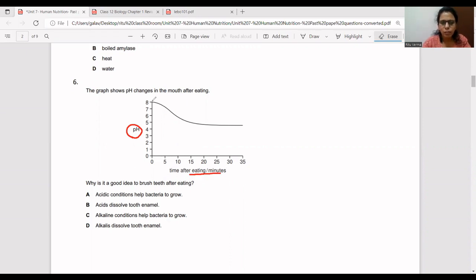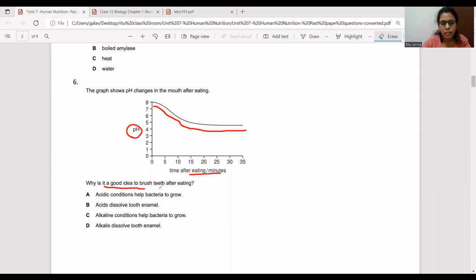It was alkaline before eating anything, because saliva is present in the mouth and saliva is 90% water. So it was actually close to neutral, slightly alkaline. And after eating, as time passes by, the pH decreases. That means the acidic conditions increase in the mouth.